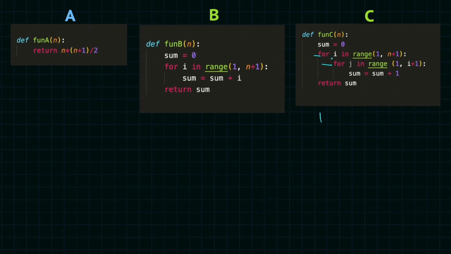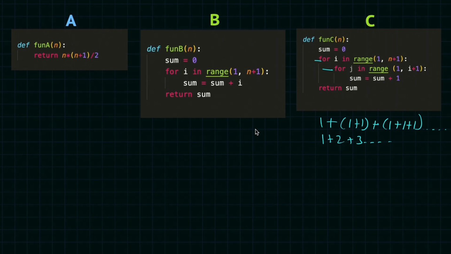In the second iteration, the value of i will be 2. So the inner loop will run 2 times, and it will add 1 to the sum 2 times. In the second loop, it will be 1 plus 1. Likewise, in the third loop, the value of i will be 3, so it will add 1 to the sum 3 times. So it will simply give you 1 plus 2 plus 3, which is what you want for n numbers. So this is how this function works.